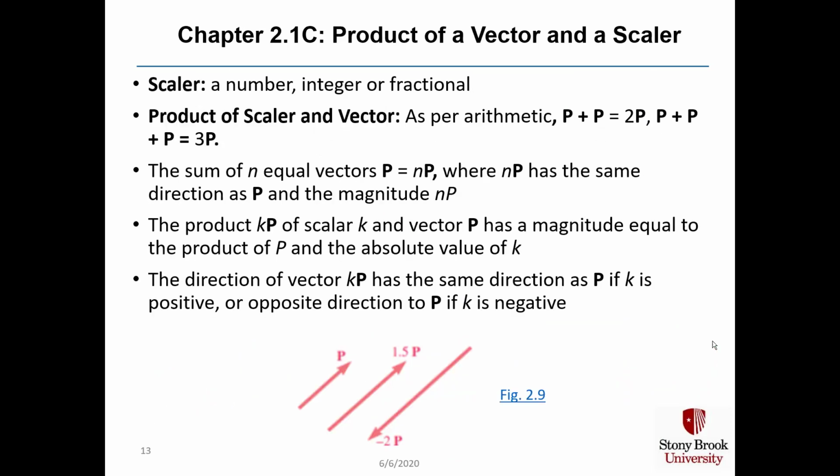Now we'll show you how to take the product of a vector and a scalar, where a scalar is defined as just a number, where the number could be an integer, or it could be fractional, or decimal for that matter.